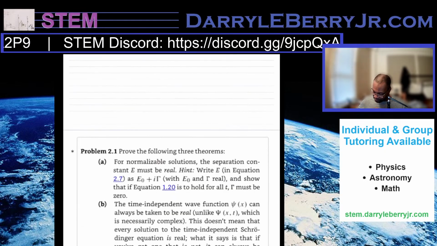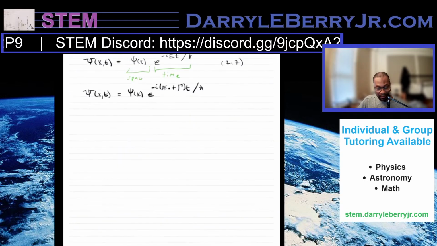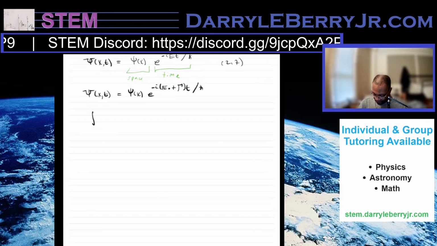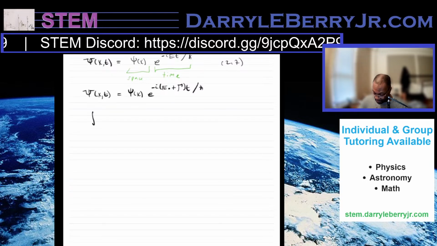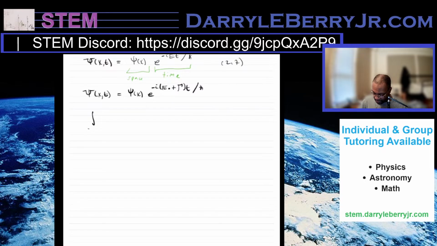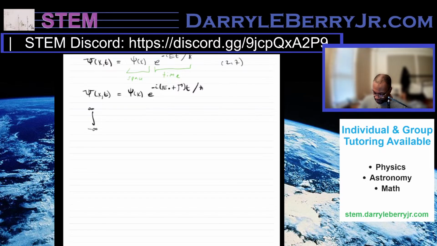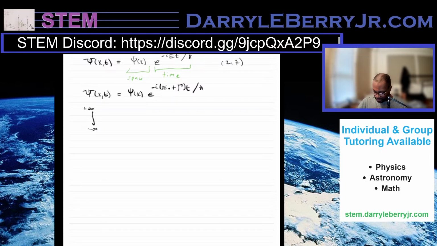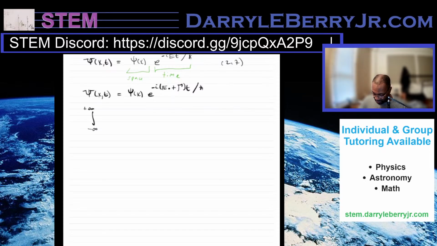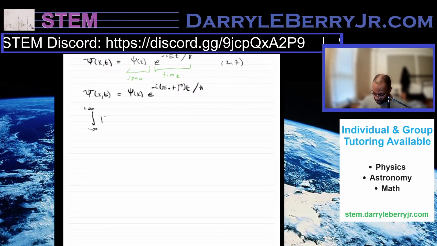So this is 1.20. They're talking about the fact that the wave function must be normalizable. If I'm measuring the position of a wave particle, if it exists, there's 100% probability it's going to be somewhere.